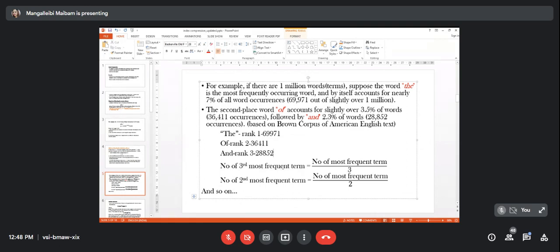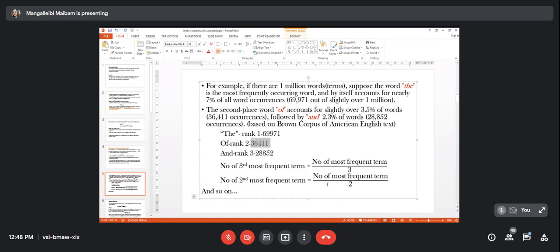The third most frequent term is calculated with the number of the most frequent term divided by 3, and the second most frequent term is the most frequent term divided by 2. If it is divided by 2, we will get around 36,411, in and around 36,000.